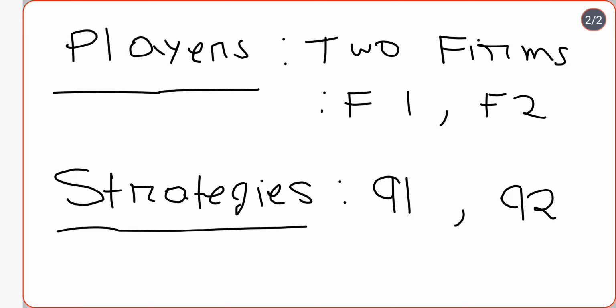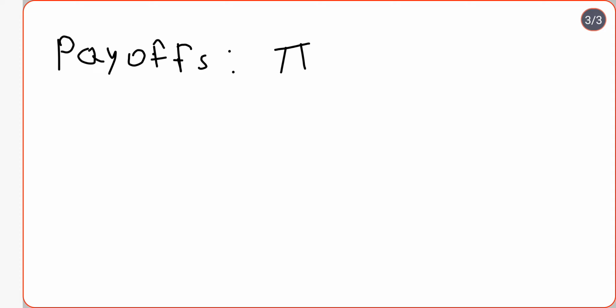Now what are the payoffs for each firm or each player? The payoffs for each firm will be the profits that they are making. So suppose firm 1 is making profit pi 1 and firm 2 is making profit pi 2.